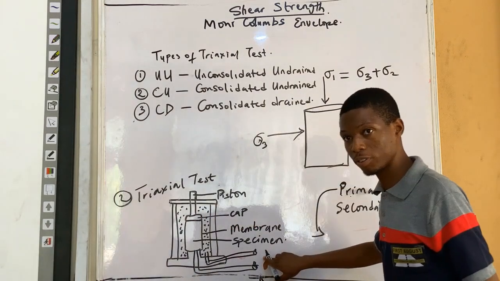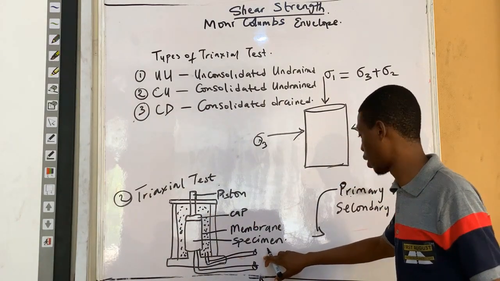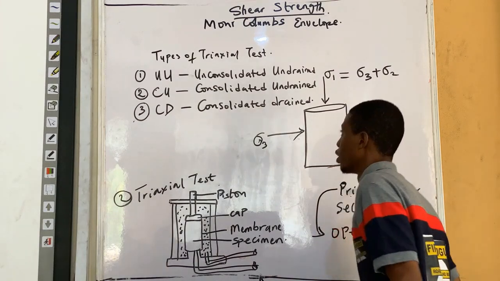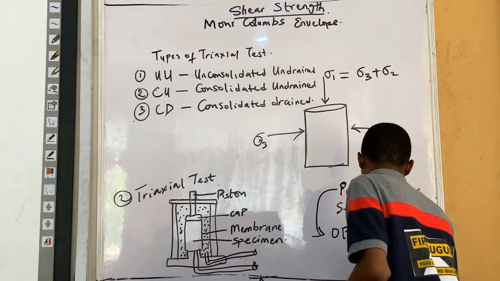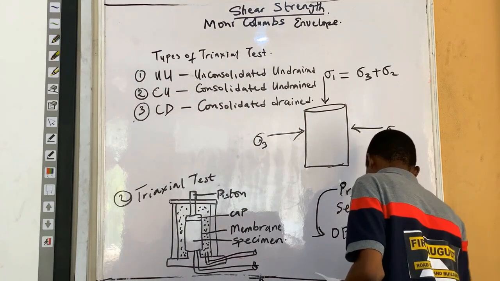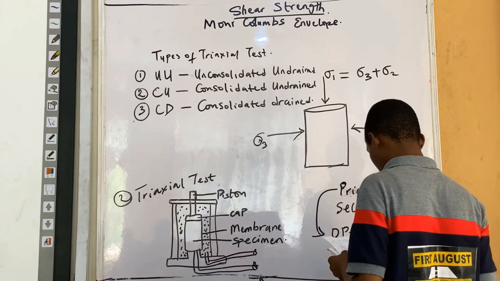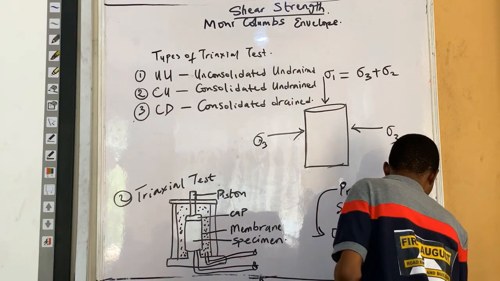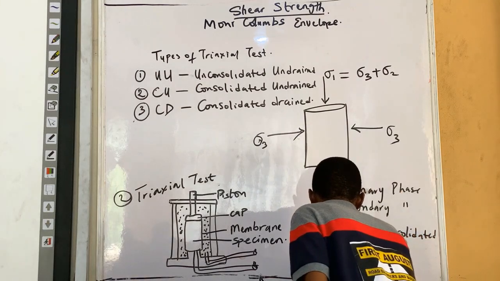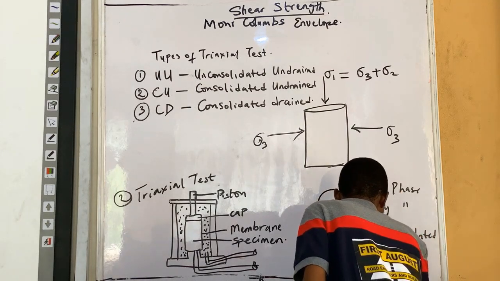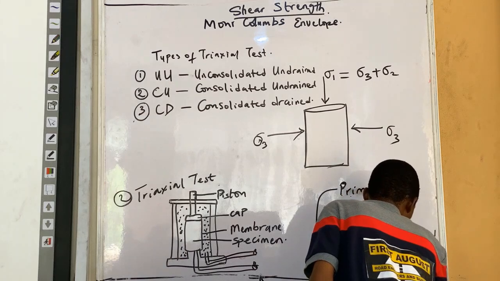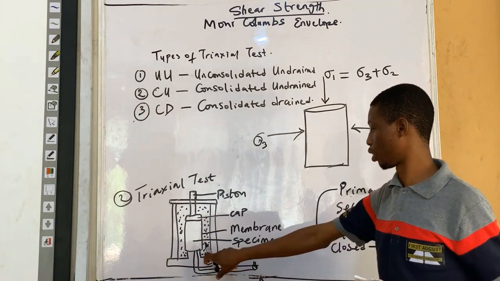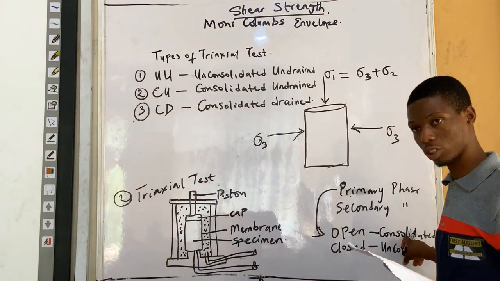In the primary phase, if the valve, that's the tap here, is open, then it is consolidated. When it is closed, it is unconsolidated.